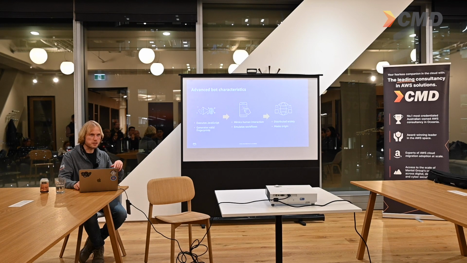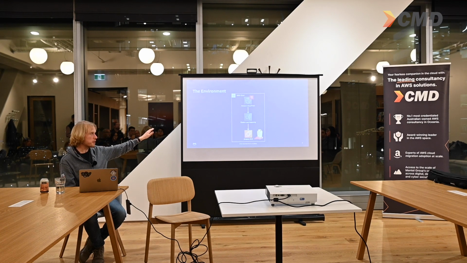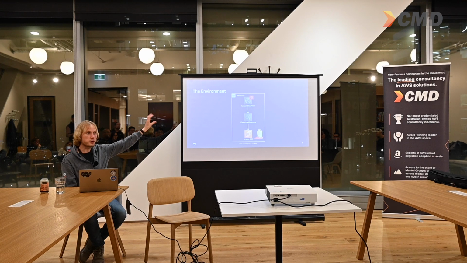All right, I said this wouldn't be death by PowerPoint, so this is what we're going to walk through today. Here we've got the architecture that we're going to demonstrate. We've got a CloudFront distribution, and we're going to attach AWS WAF to that. We've got an elastic load balancer and an EC2 instance at the back.